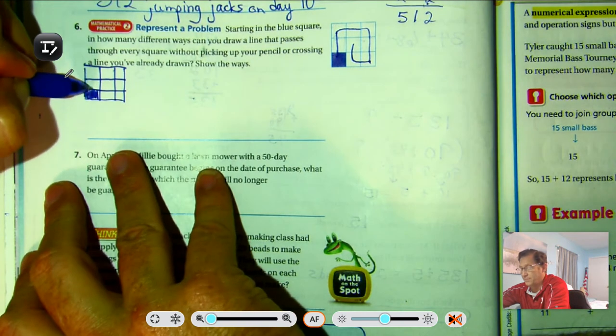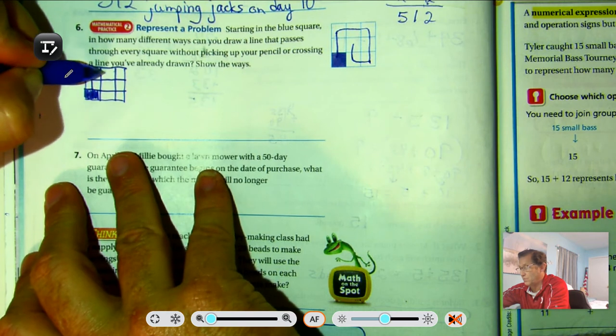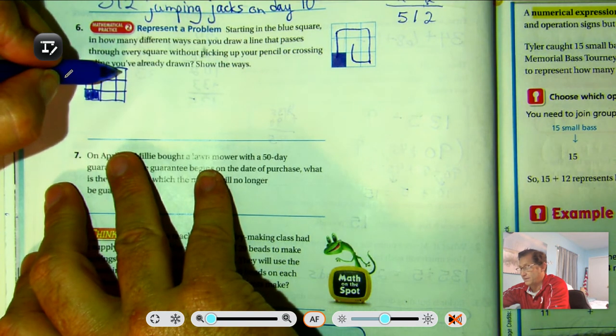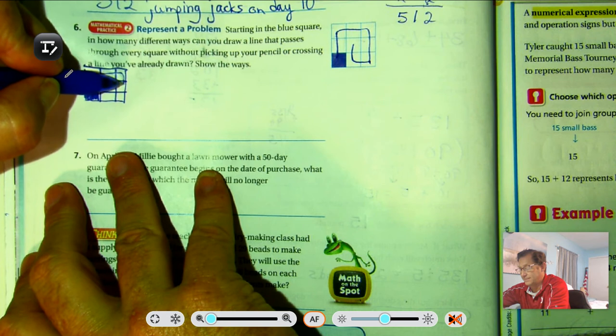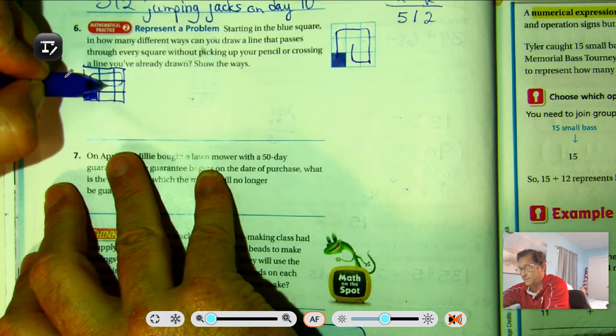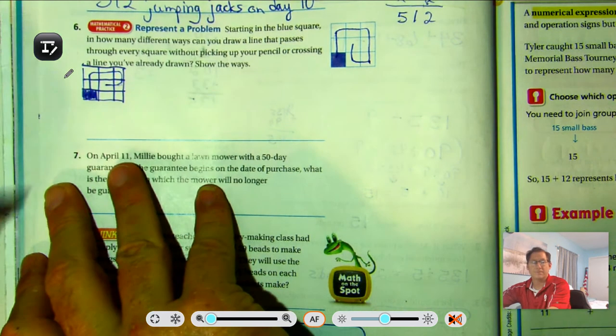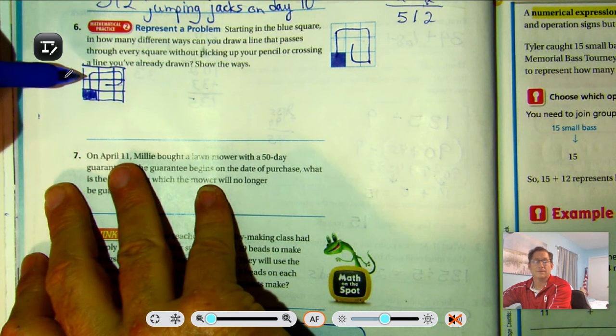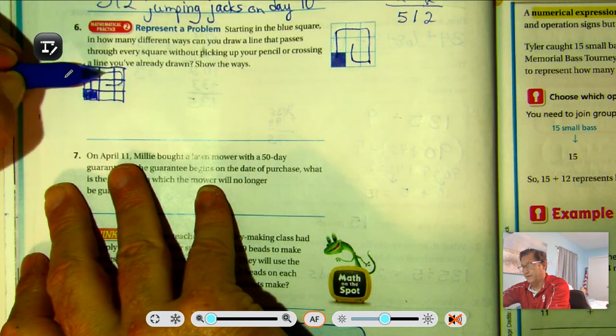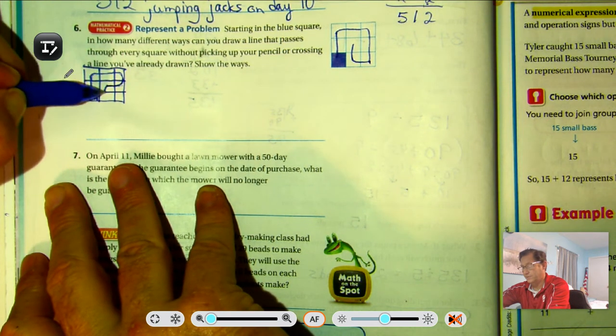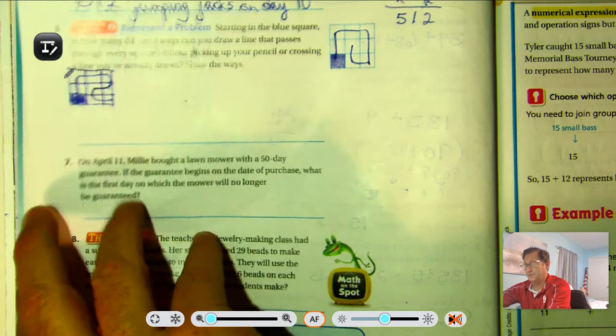So let's see, come up, over, and down. Okay, so we've gone here without picking it up, so I can go that way.